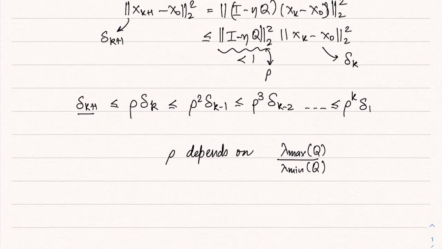And if you remember, for a quadratic function, this was the L, because the quadratic function was L smooth, and this was the mu parameter, and we called this the condition number, right?